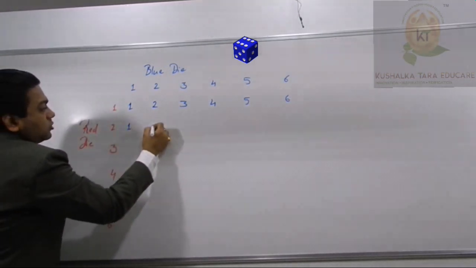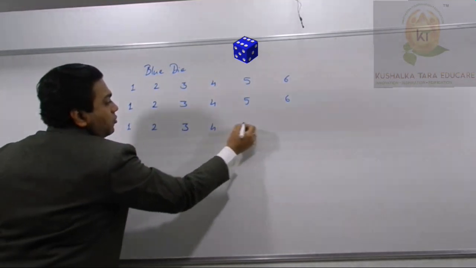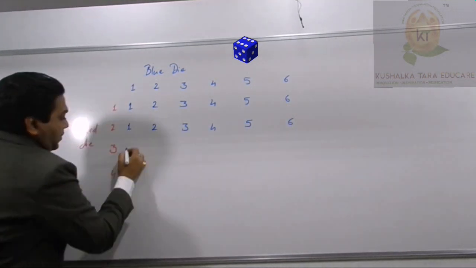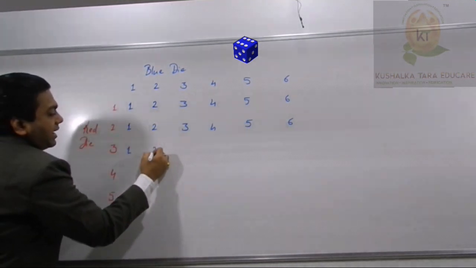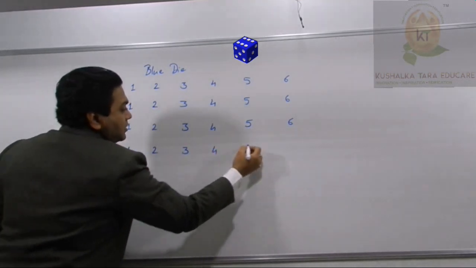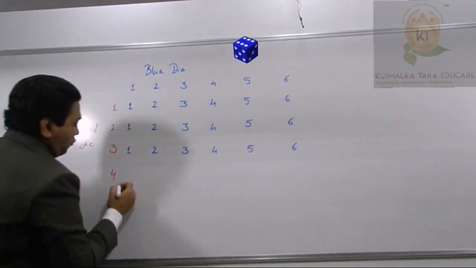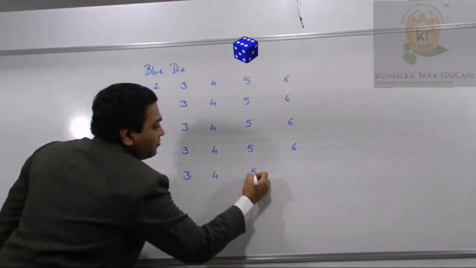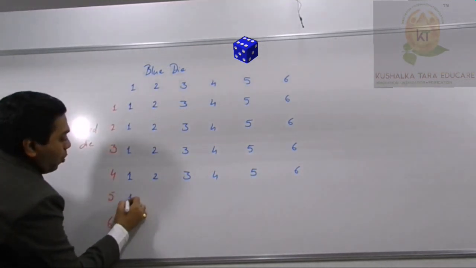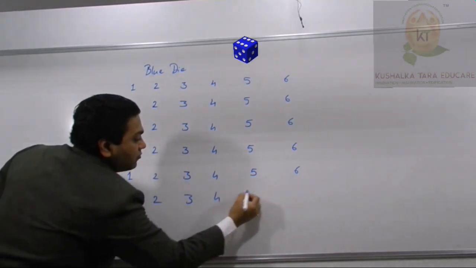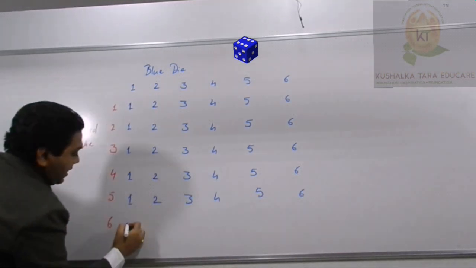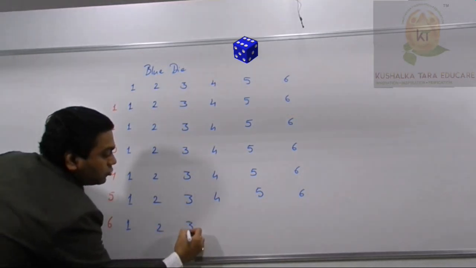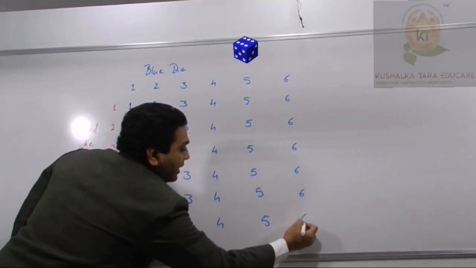Here a blue colored die can give me these numbers whenever it is thrown along with the red colored die: 1, 2, 3, 4, 5, 6.